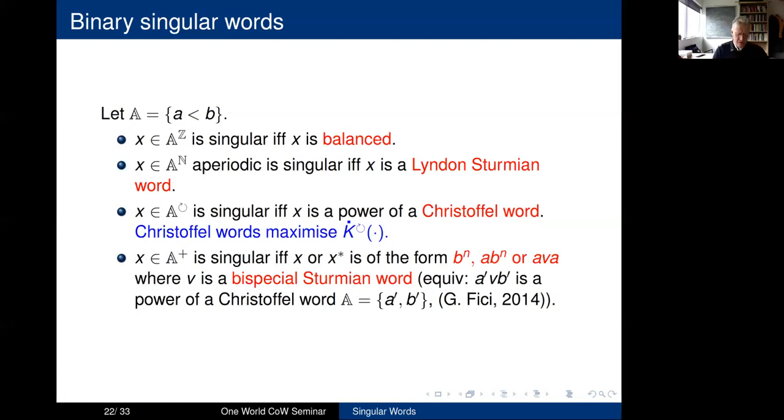Yes, of course, you know that the value of the Christoffel word on this polynomial is the Markov number, or 3 times the Markov number. So, of course, you think of the Frobenius conjecture. No, not really.